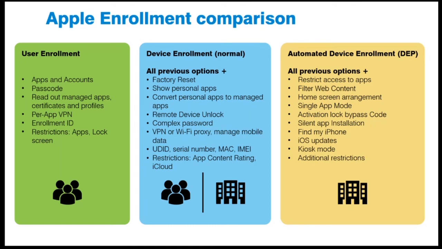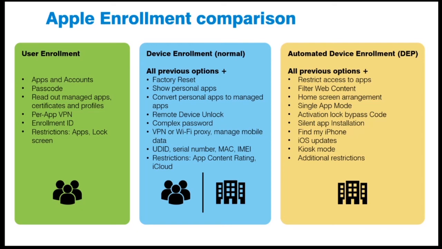Then you can only read out managed apps. You cannot see personal apps anymore like you did in device enrollment, which is really privacy focused that Apple set for the user. You can only see the certificates that are installed in the work volume and only the profiles that are managed by the company.